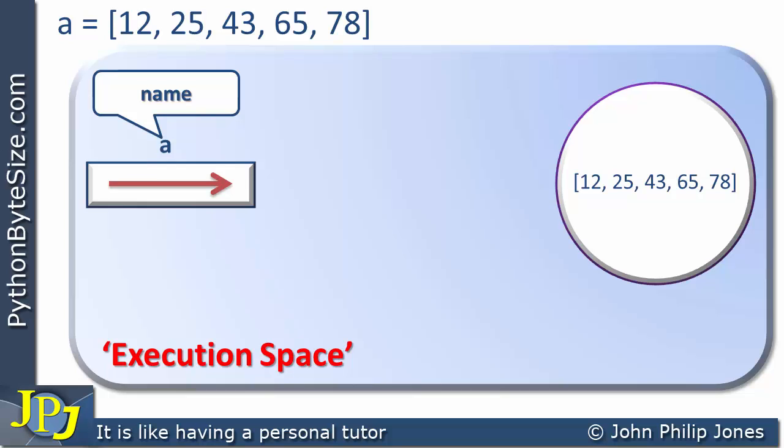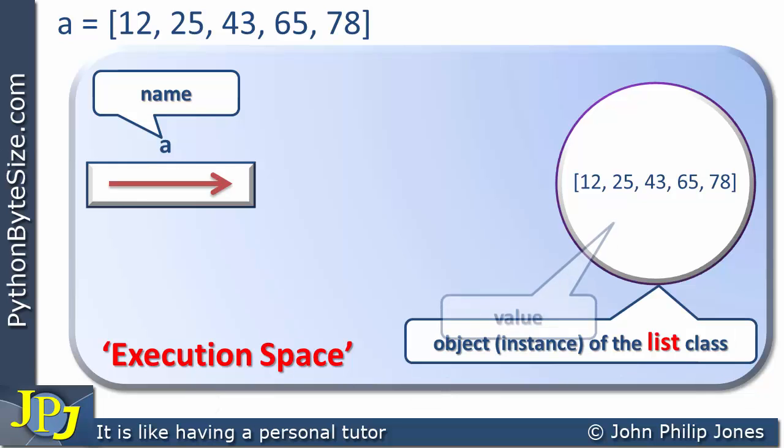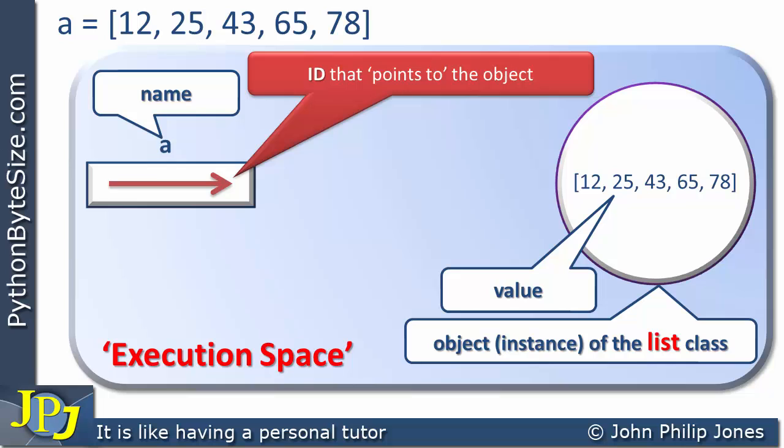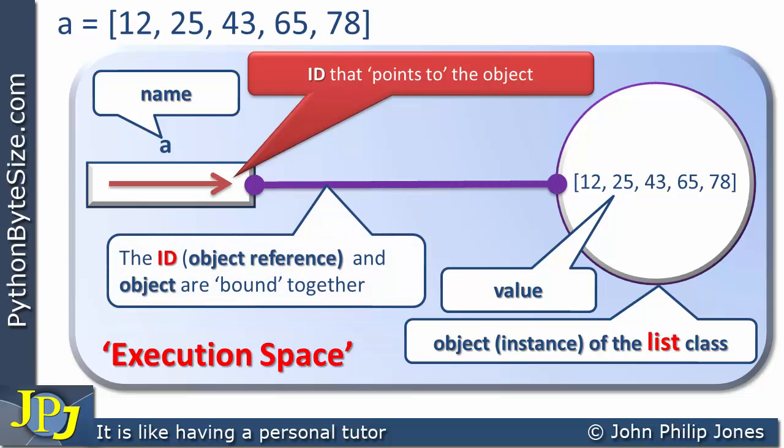There's an arrow inside the name, but over here we can see in this circle that in the center we have the value, and this circle is the object instance of the list class. And just to repeat, the arrow is the representation of the ID that points to the object in the execution space, and of course the arrow and the object are bound together, i.e. the ID, the object reference and the object are bound together in the way represented by this line here.